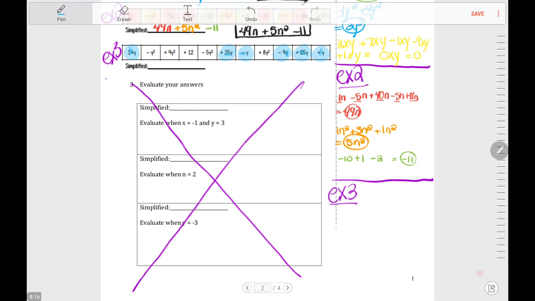Sorry, I gotta zoom out a little bit. 14y. And that gets me 55y.